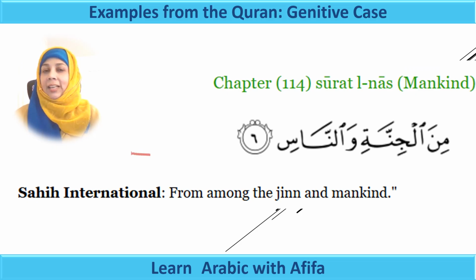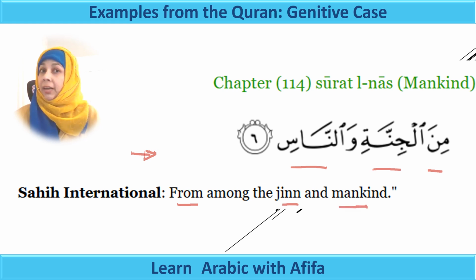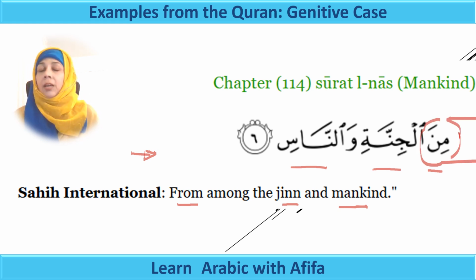So now let's take a look at another commonly recited verse. Minal jinnati wan nasi. So here it means from among the jinn and mankind, we're seeking protection from Allah from their whispers. Okay, so here what is min? It is a preposition.